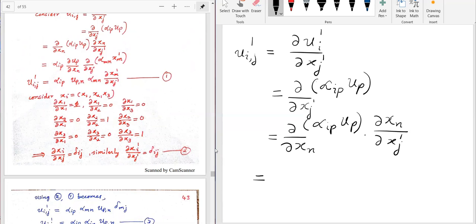Now alpha ip is a scalar, so take it outside. Now what is remaining, I'm writing dou up by dou xn, that is completely old coordinates, into dou by dou xj dash as it is. Now in brackets, this xn I'm writing in terms of new coordinates.